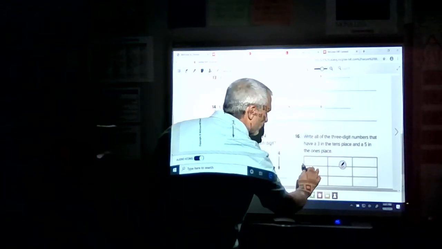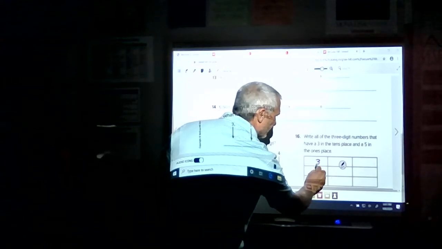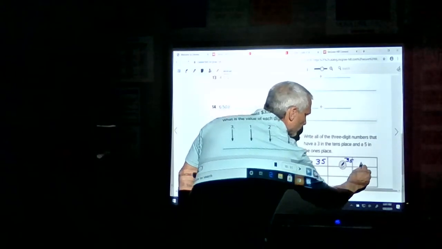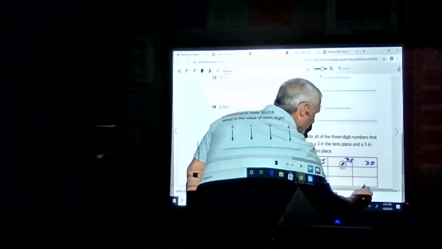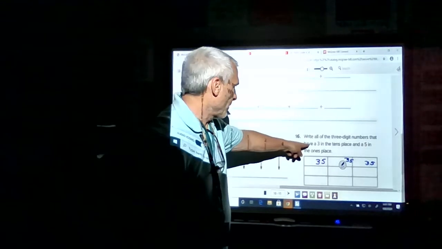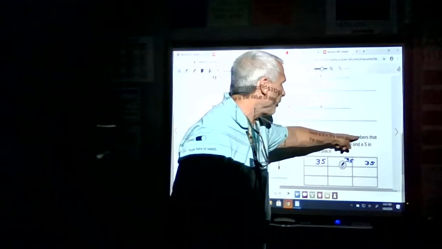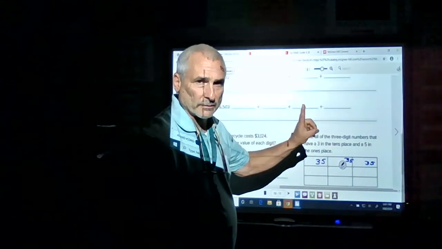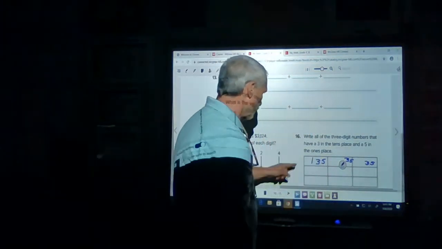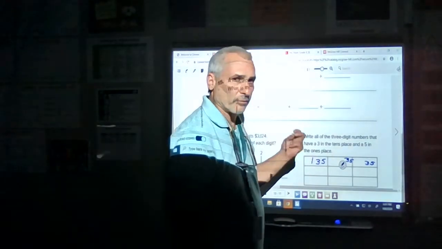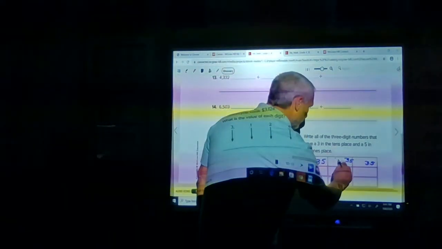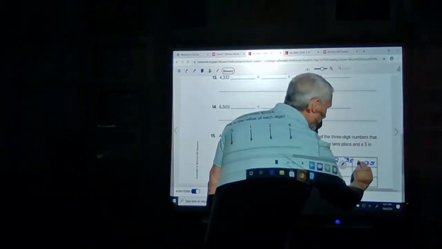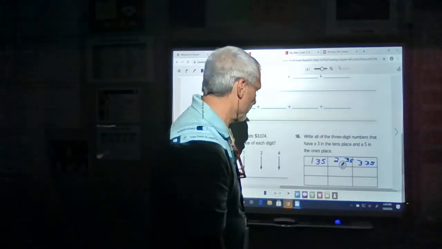Each one of these squares, we're going to have a 3 in the tens and a 5 in the ones. We're going to write all of them. First digit in the hundreds, we could write a 1. So 135. This one we can write a 2. 235. You get the idea, 335. Write the others.